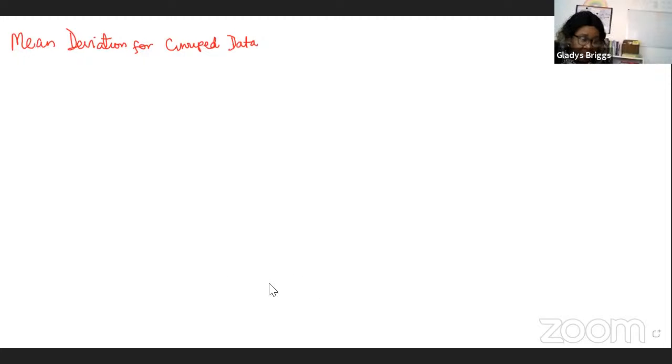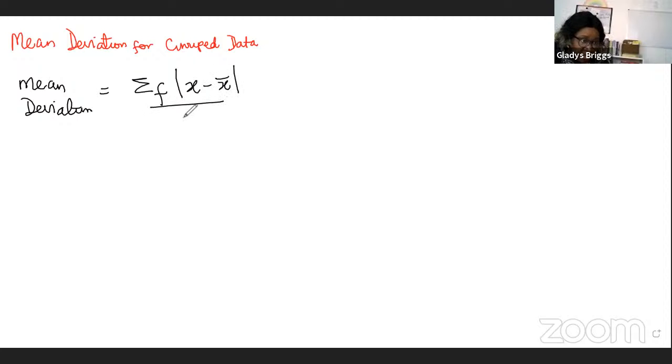Okay, so the formula for this one is mean deviation is equal to sigma f times the absolute value of x minus x bar, all over sigma f, okay?